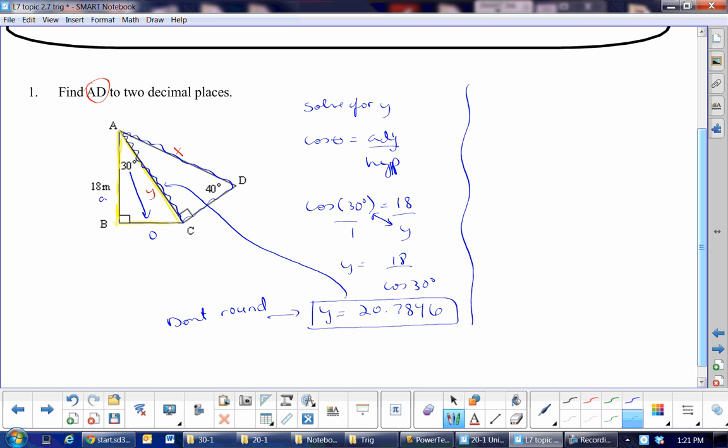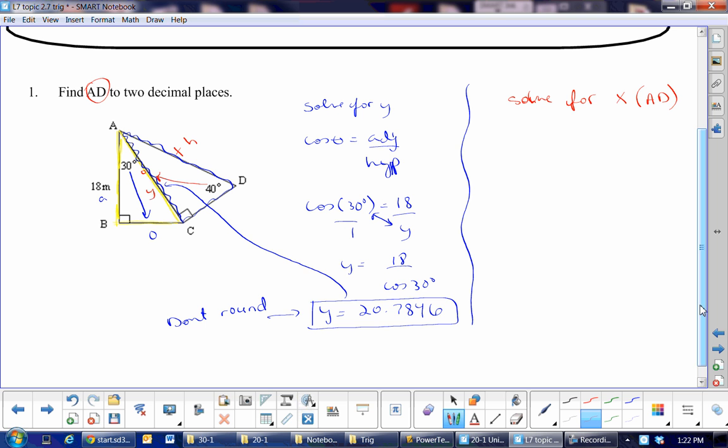I know from this angle, the 40 degrees, this is the only one I can draw an arrow to, so that is my opposite. And I am looking for x, which is my hypotenuse. So I'm going to use sine. We're going to solve for x, which is AD.